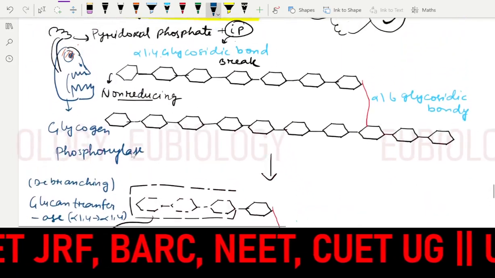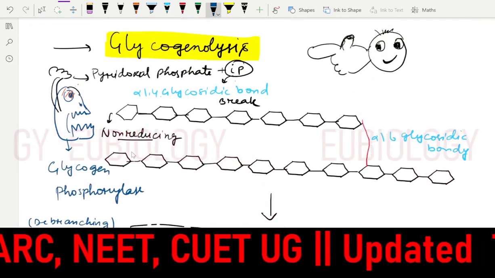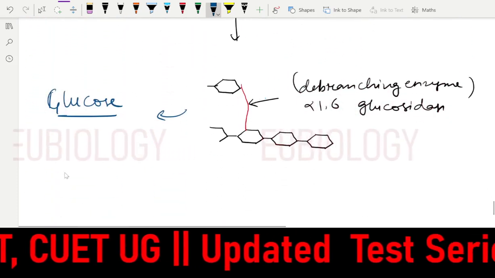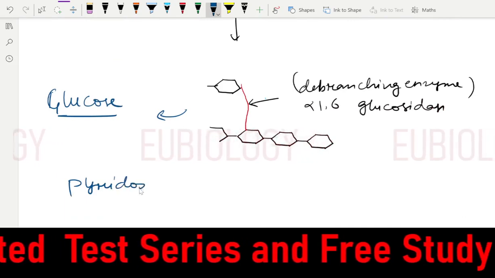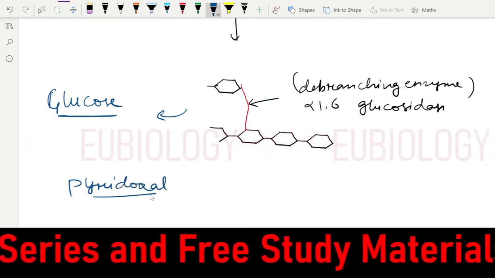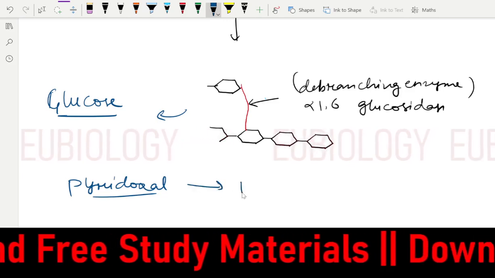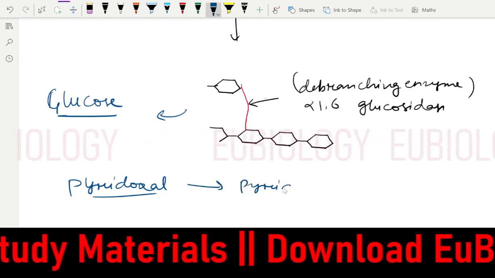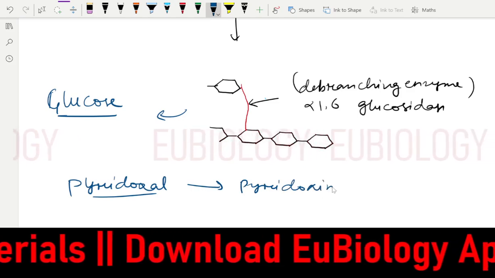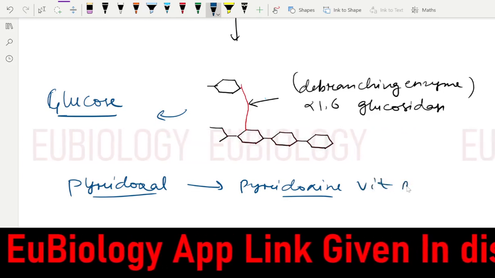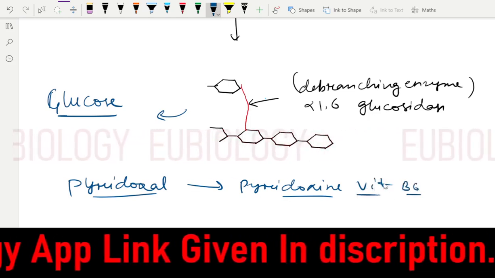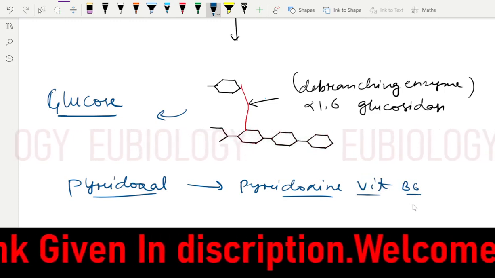Now the important thing is this pyridoxal phosphate. From where is it coming? It comes from pyridoxine, which is vitamin B6. What is important about vitamin B6?